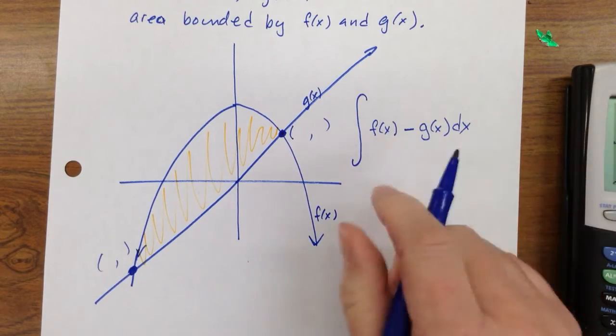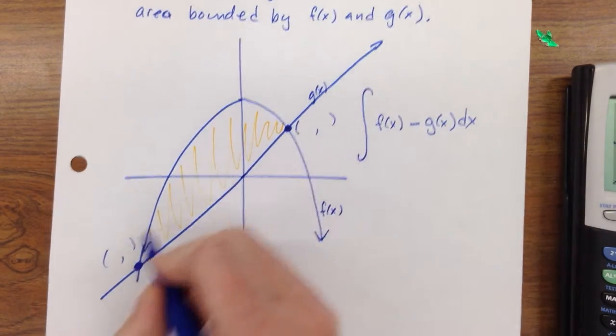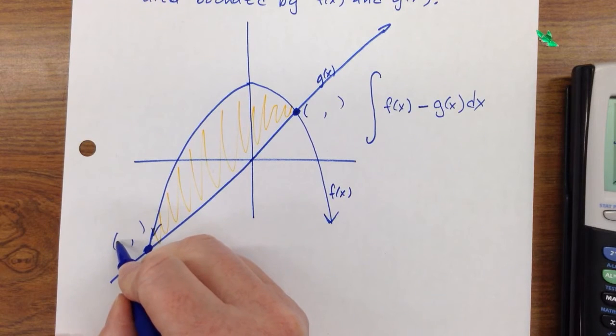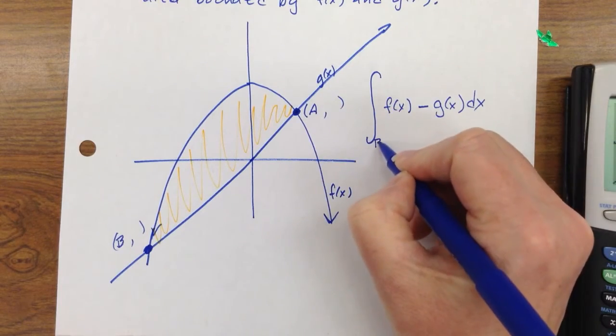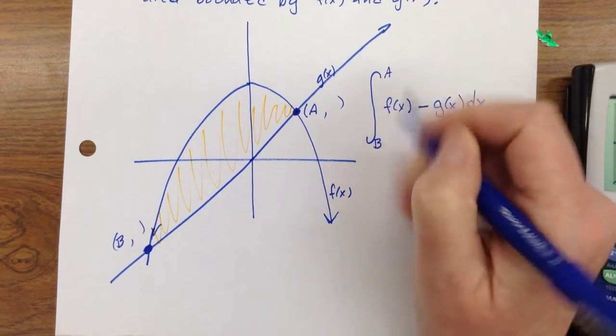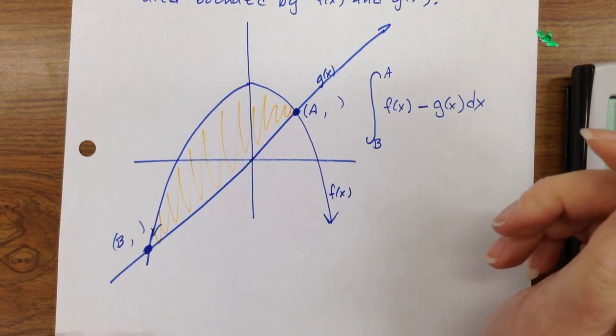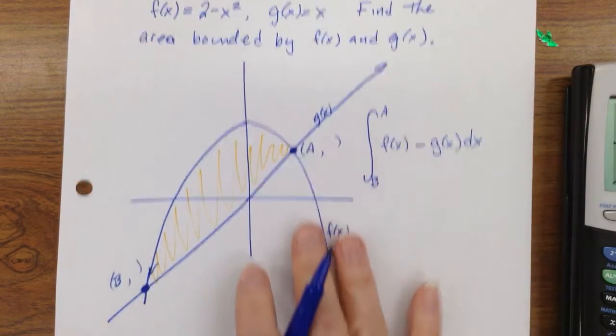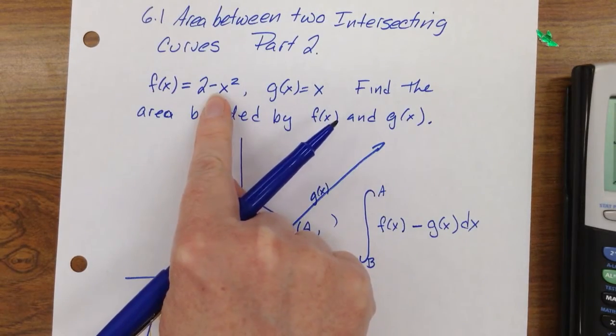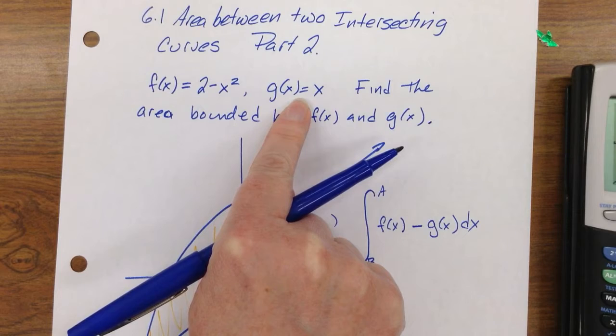So just for fun, let's call this one B and this one A. So we need to figure out what is B, what is A. So integrating from B to A. Probably should have done that backwards. Too late now. All right, so how do we get these? Well, what we need to do is find where the f curve is equal to the g curve.